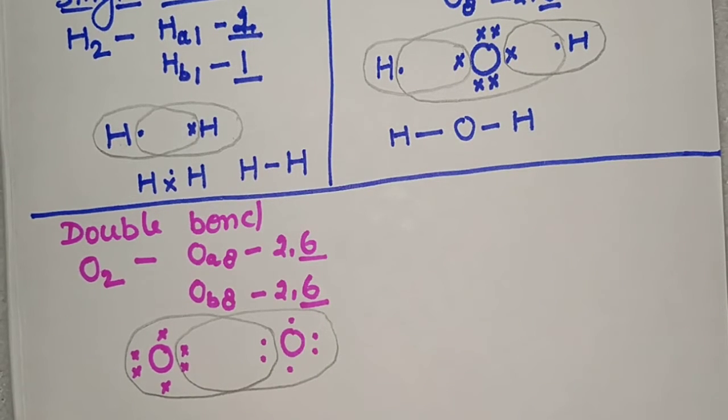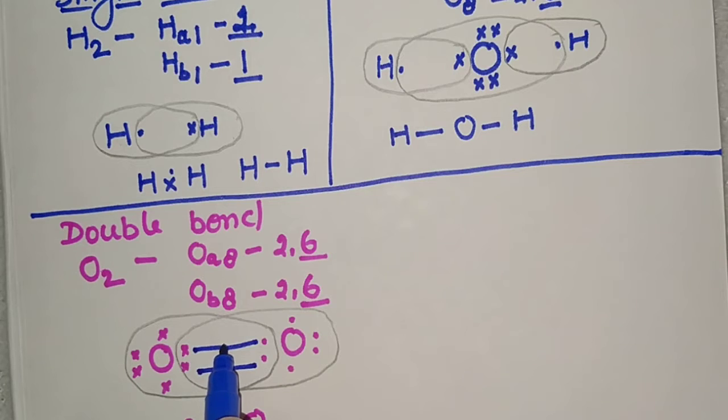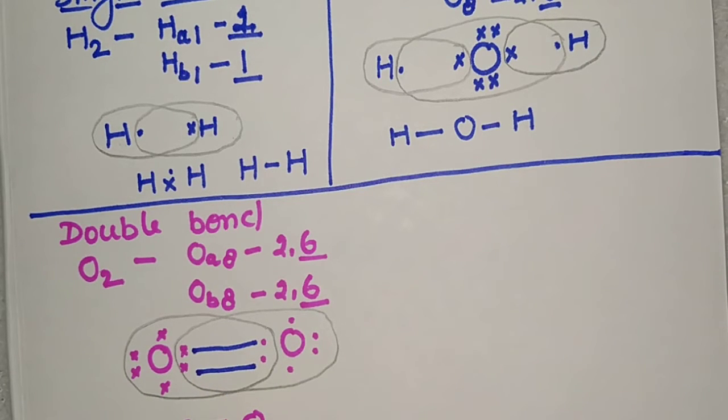Now this becomes oxygen with 2 bonds. See, these 2 bonds are there. These 4 electrons undergo sharing: 2 electrons for one single bond and another 2 electrons for another single bond.